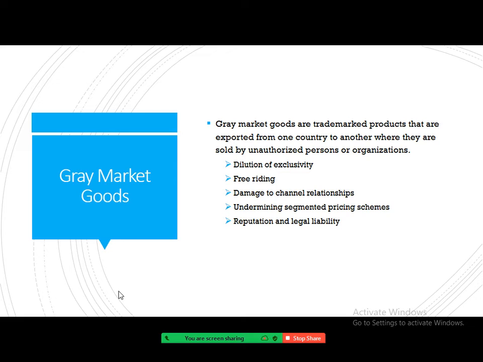Next is damage to channel relationships. Competition from gray market products can lead to channel conflicts as authorized distributors attempt to cut costs, complain to manufacturers, or file lawsuits against the gray marketers. Next is undermining segmentation pricing schemes.